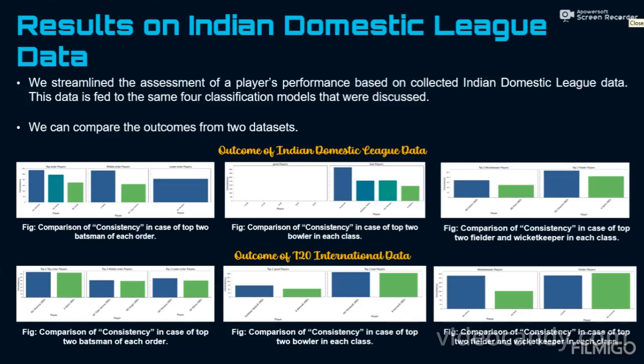But internationally, you will find that Kuldeep Yadav is a very good player, the top bowler, and Ashish Nehra is also a top bowler. And Bhuvneshwar Kumar and Hardik Pandya are the bad bowlers in this case. So this is the change that we got, and it is quite interesting for us.